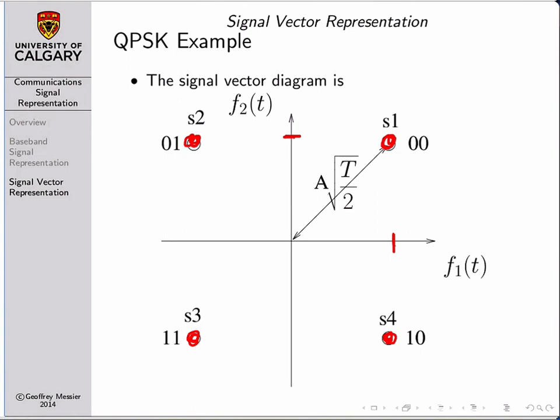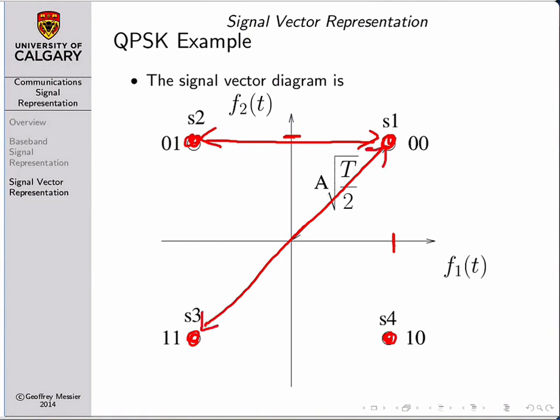The distance from the origin is root 2 over T, and we have 4 points because we have 4 signal vectors. You'll notice that the distance between each of these points is not equal. So the distance between these 2 points is less than the distance between these 2 points.